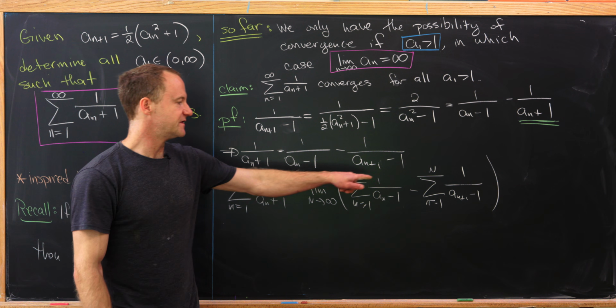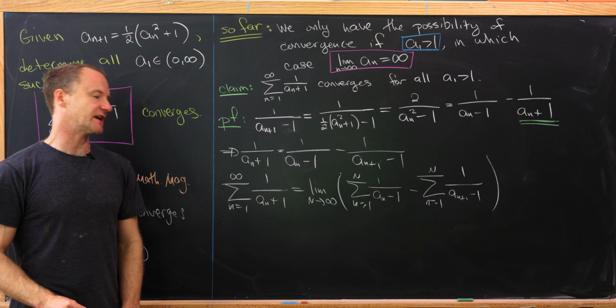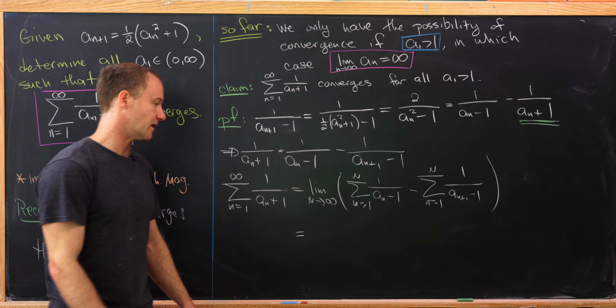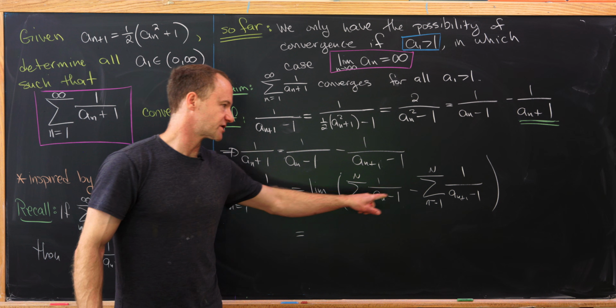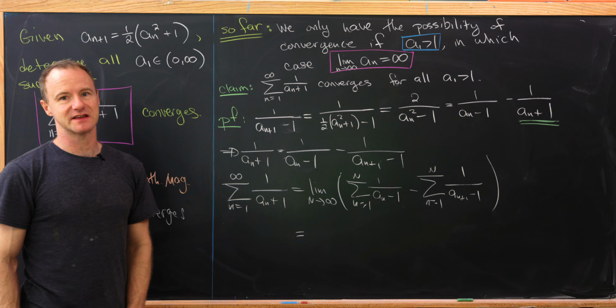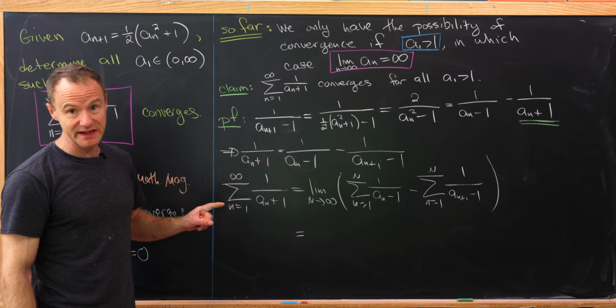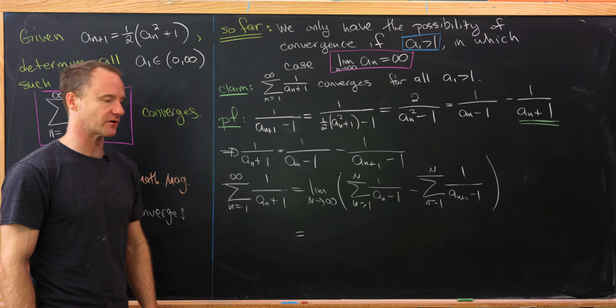But check it out, both of these sums have almost everything in common. It's just that the first sum has an n equals 1 term, which is different from anything in the second sum, and the second sum has an n equals capital N term, which is different from everything in the first sum.